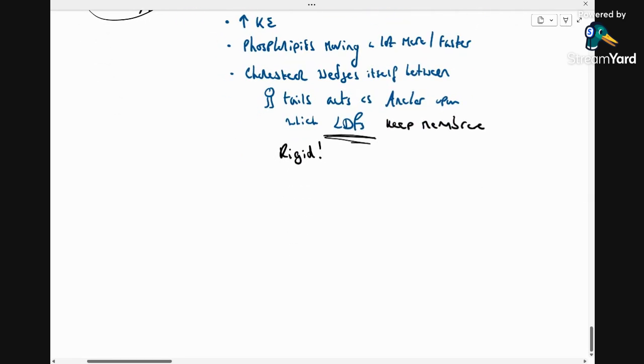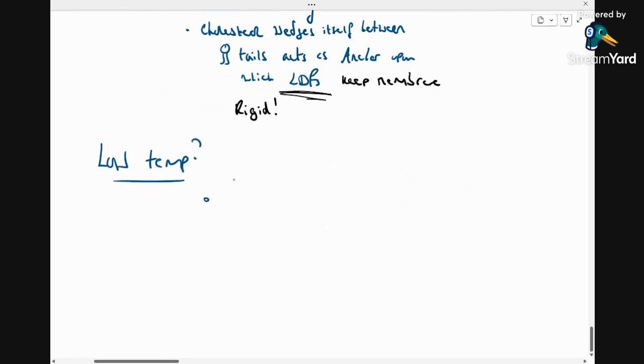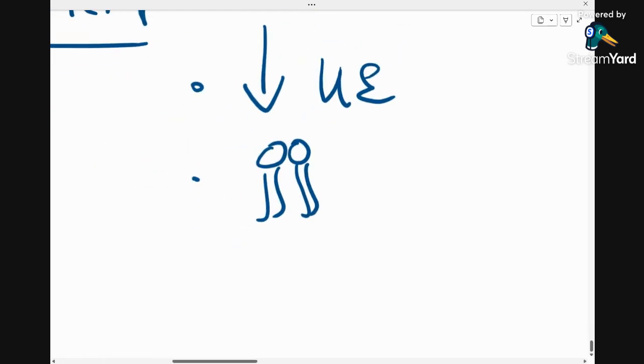What about at low temperatures? And this is the final thing for the lesson today. So what happens at low temperatures? Again, we have reduced kinetic energy. So that means that the phospholipid tails here can pack very closely together, and we form the maximum number of London dispersion forces between them, and therefore they're very strong.